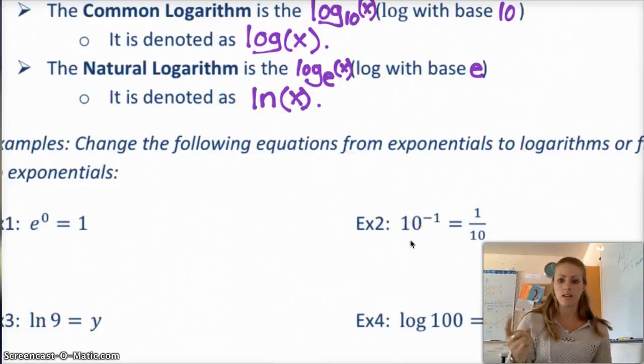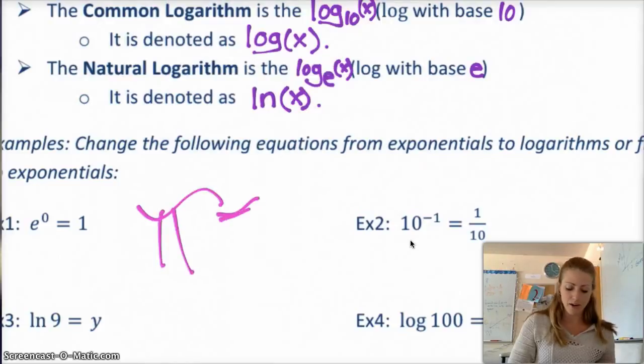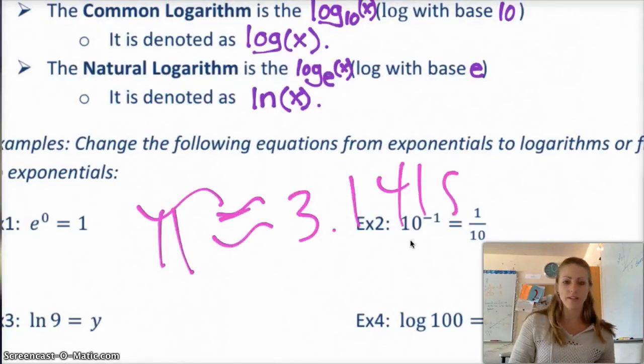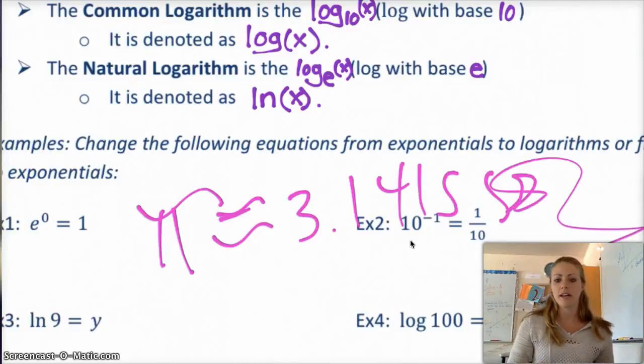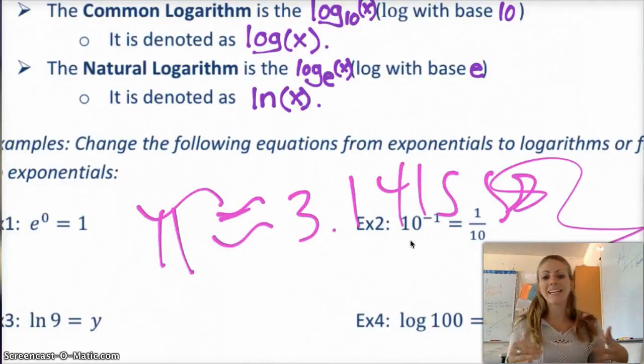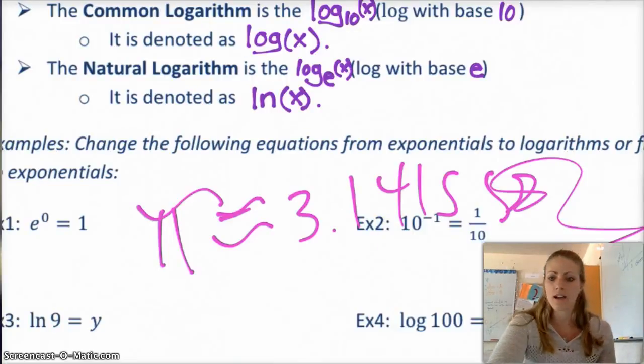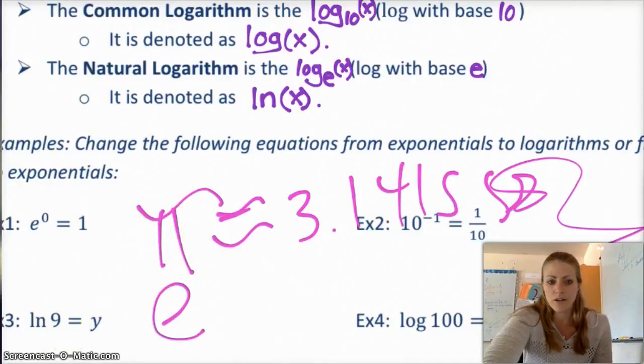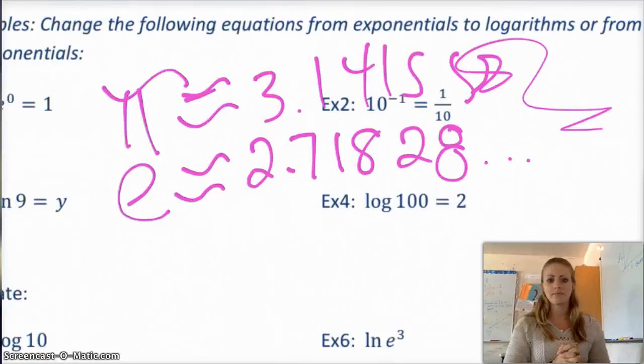And e is a number. It's an irrational number. You remember how pi is approximately 3.14159, but it goes on forever and ever. e is the same way. e is another irrational number, and they use the little e as the notation for the number because it's a special number, just like pi. e is approximately 2.71828, and then it goes on forever.